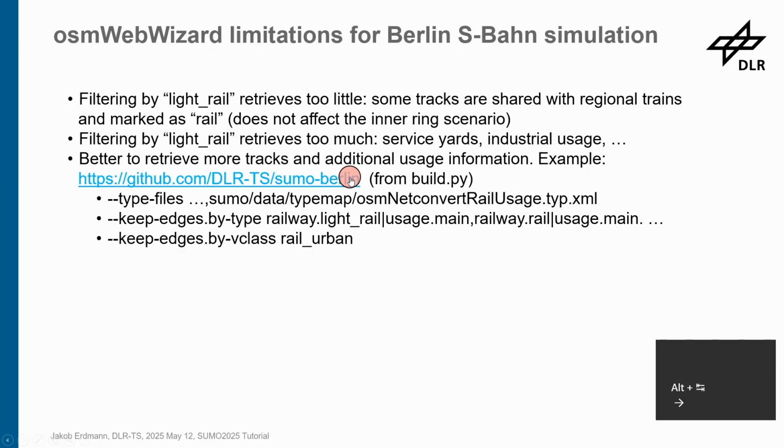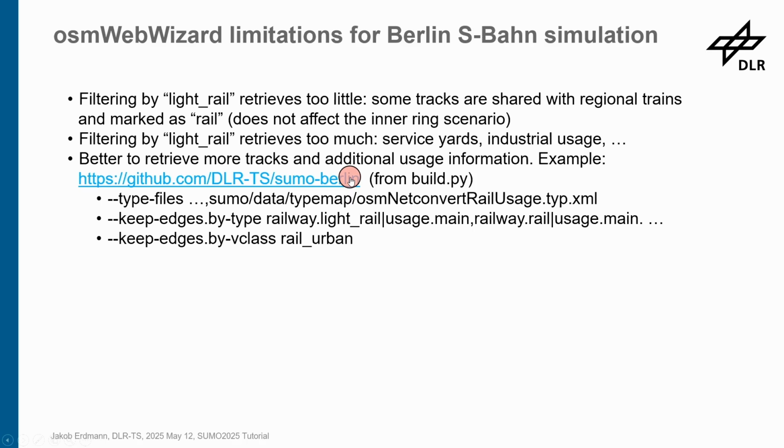So if you were trying to build not a scenario of the Berlin network only for the inner ring, but of the whole city of Berlin, you would notice that on the outskirts of the city, some light rail lines actually run on tracks for the big rail system. So they are shared tracks. And so if you build your network with light rail only, you have some gaps in your network.